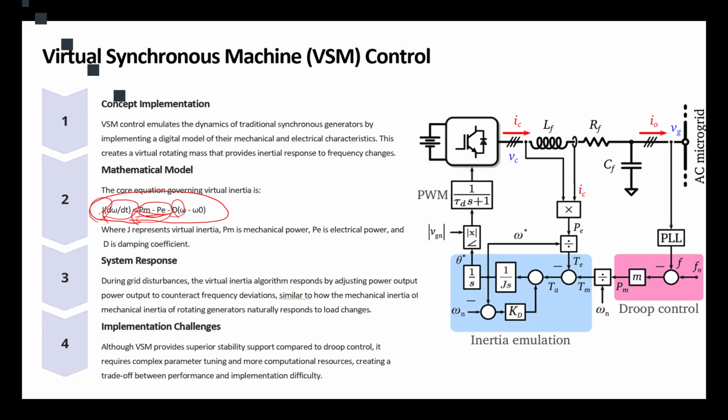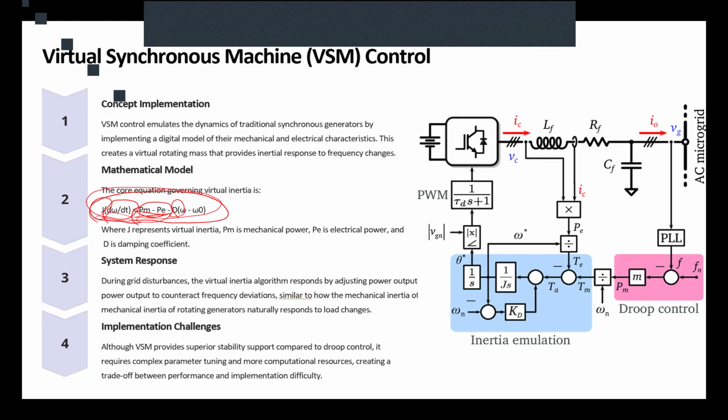Is that clear? You don't need to understand the formula. It's a formula from mechanical engineering, but it's good to have a visualization of what all of those components mean.